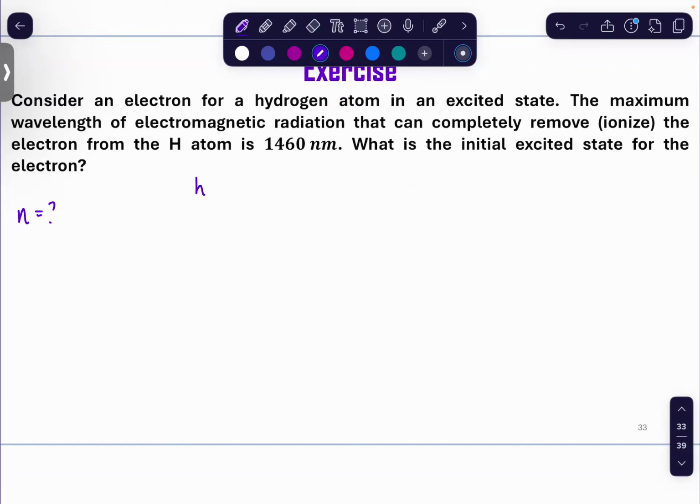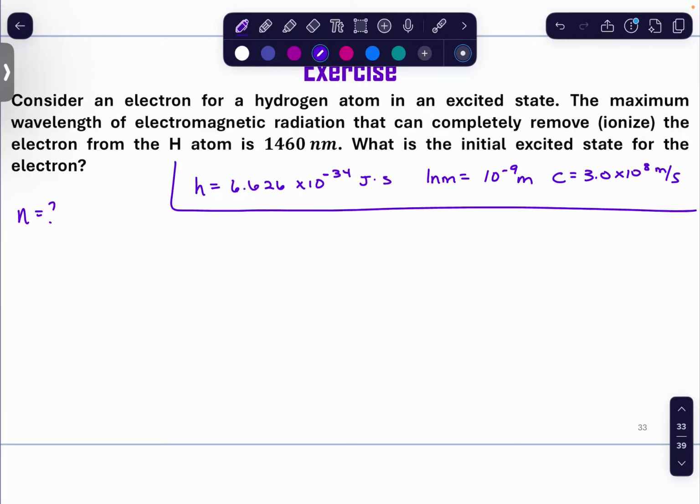Okay, well, we're going to need h, 6.626 times 10 to the negative 34th joule seconds. 1 nanometer is 10 to the negative 9th meters, and c is 3.0 times 10 to the 8th meters per second.